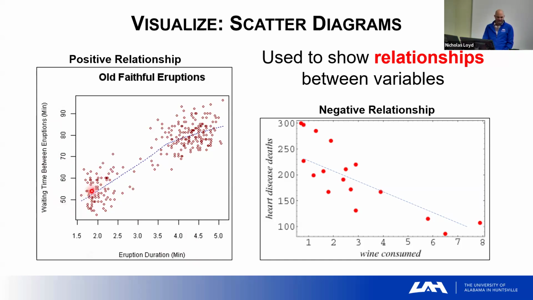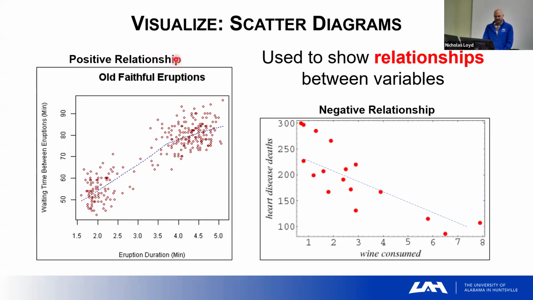And if I start to see trends that look like this, that tells me the longer the waiting time between eruptions, there's a chance that the eruption will actually last longer. I can visually see that there's a trend there. This is called a positive relationship because when one variable goes up, the other one goes up.